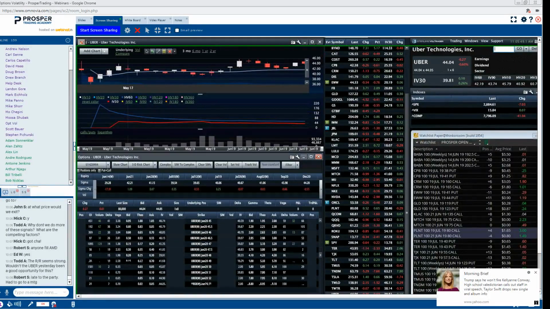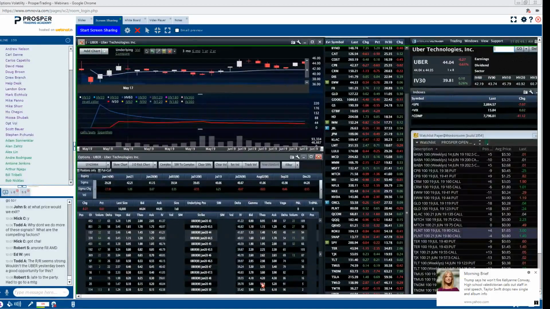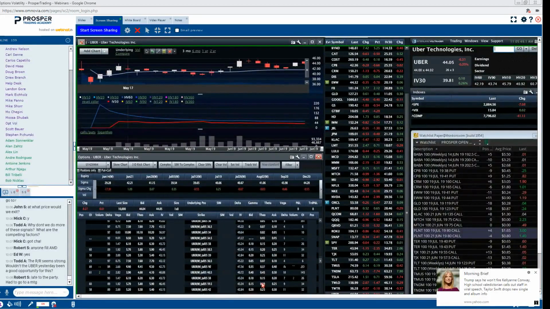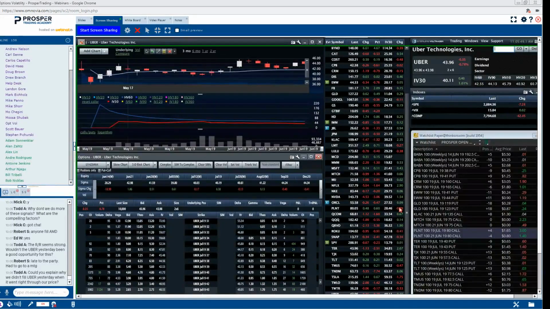The thing with Uber, we could have looked at a diagonal, but the reason that we looked at the straight vertical spread was because the reward to risk was right in our sweet spot. We were looking at a $3 wide call spread to pay 75 cents, which put us right at 3 to 1 reward to risk.